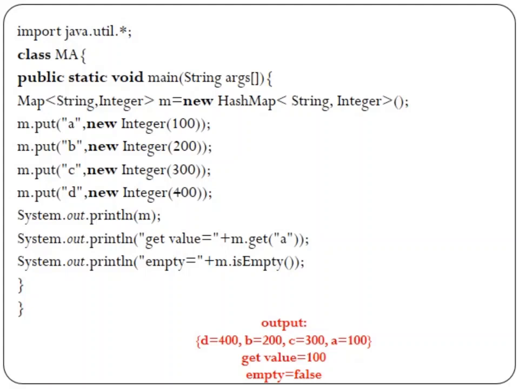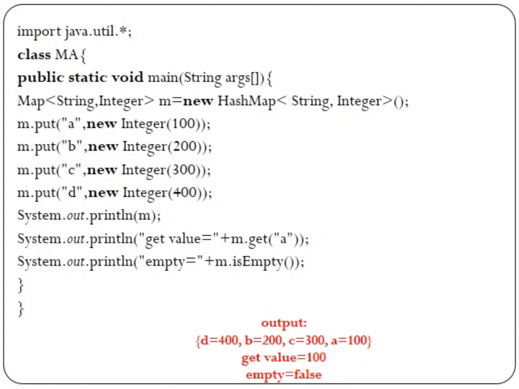Next, isEmpty is a method which is going to check whether the map interface is empty or not. If it is empty, the method is going to return true; otherwise, it is going to return false. Now the map interface is not empty because it contains values, so the method is going to return false.